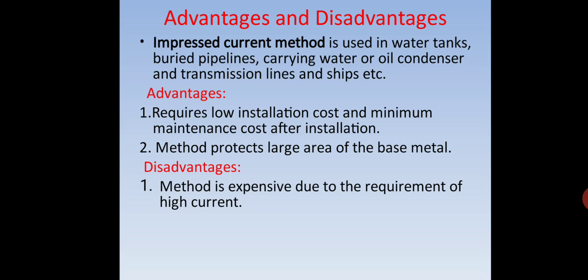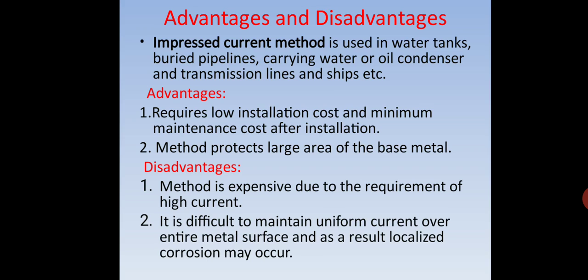And what are the disadvantages? The method is expensive due to the requirement of high current. One more disadvantage: it is difficult to maintain uniform current over the entire metal surface. As a result, localized corrosion may occur. Now we are supplying current through an iron pipeline. Say its surface is uneven, there will not be equal distribution of the supplied electricity through it.